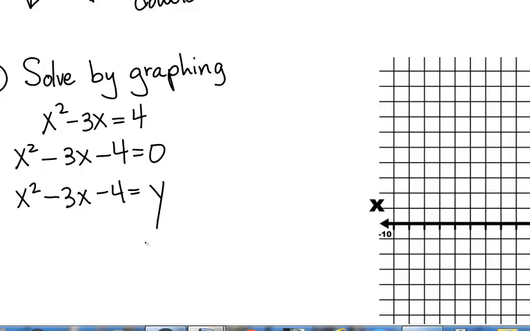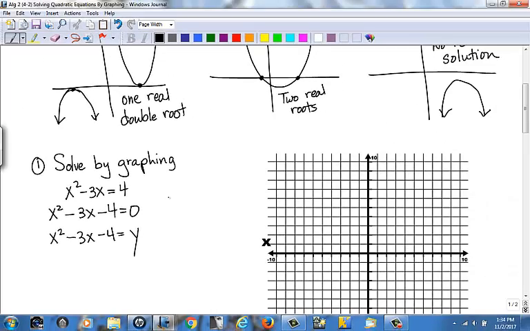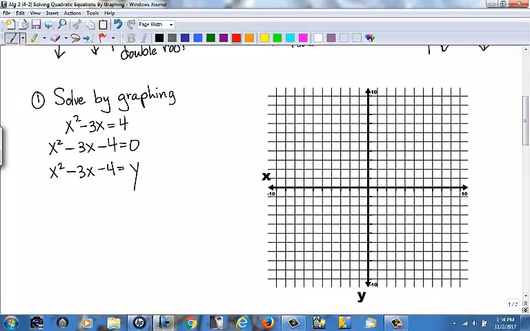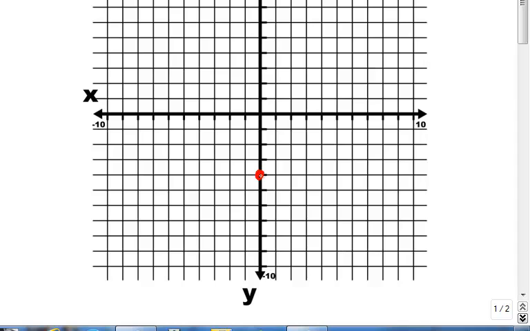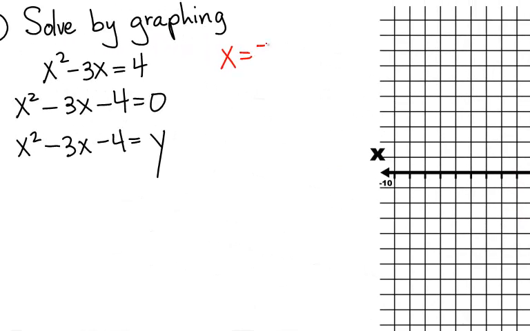And now you do what we did yesterday. You know the y-intercept is the c value. So it crosses at negative 4. So go down 4 and put a point at 0, negative 4. To be able to graph it, you want the axis of symmetry. x equals the opposite of b over 2a.